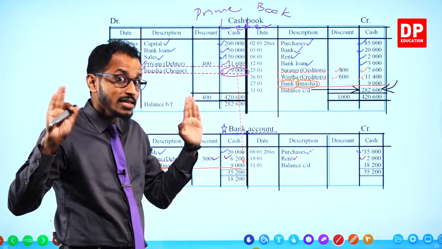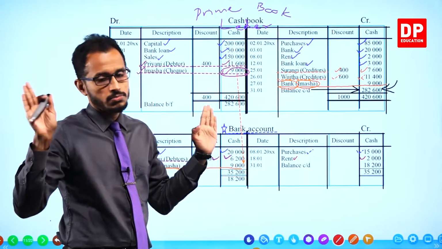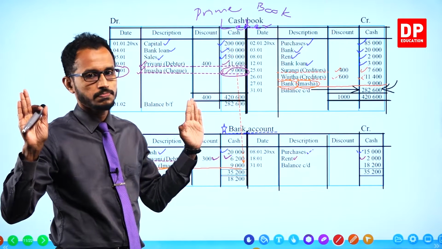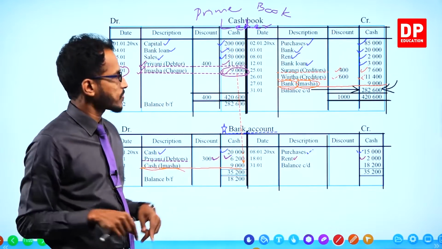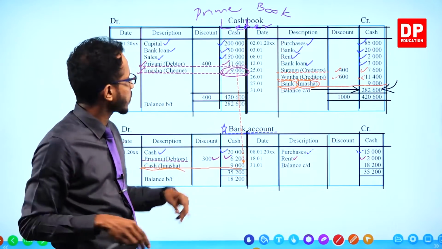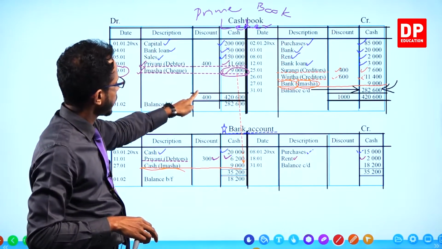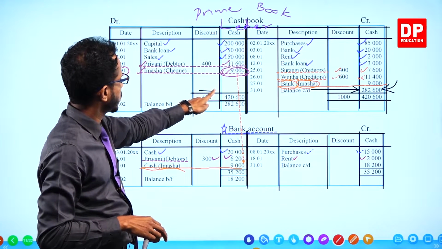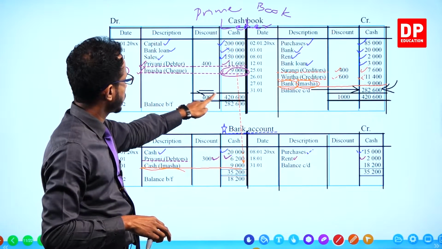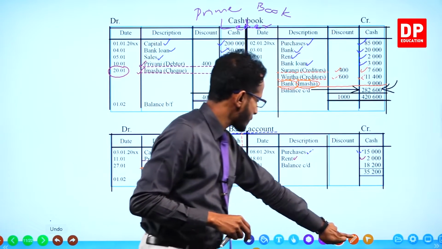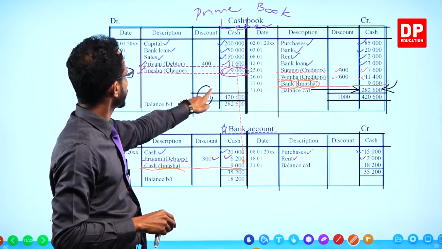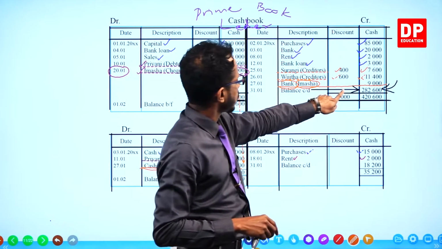Do not balance the discount columns. It's a mistake. You don't balance the discount columns, okay? You just take the total and let it be. This is the total and this is the total.